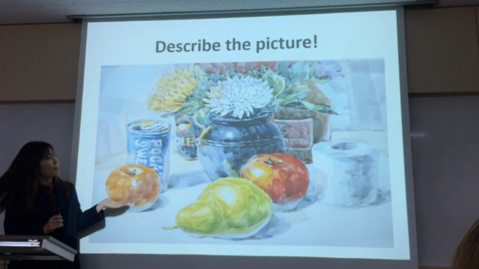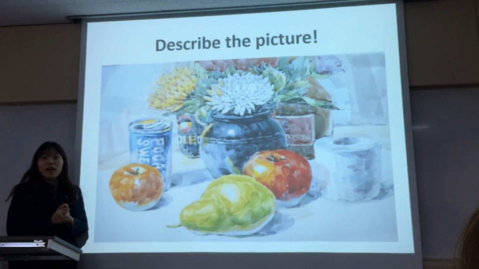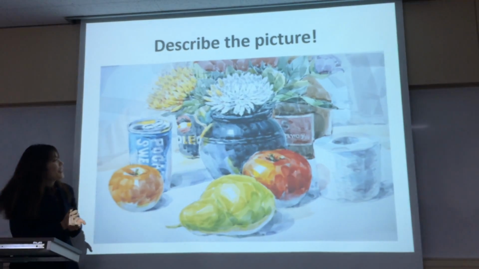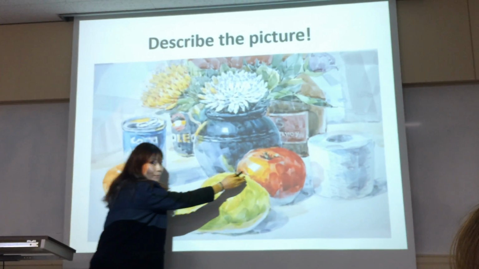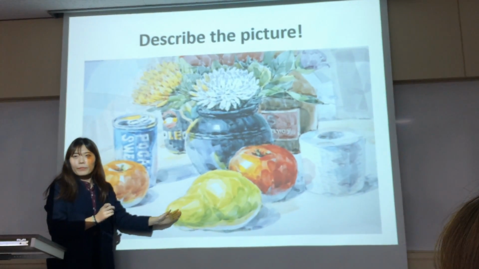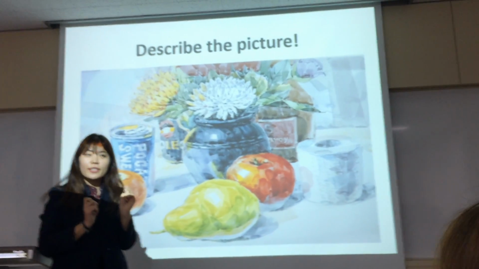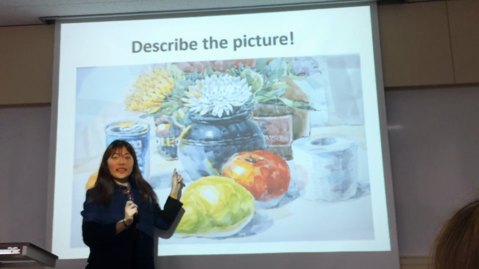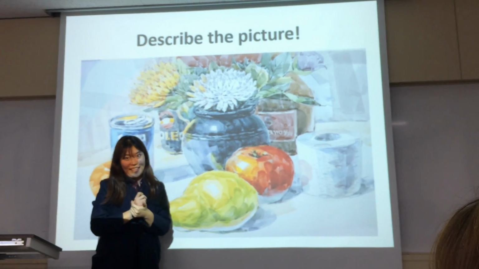What can we see in this painting? Any volunteers? Great job, Shinji. We can see flowers in the center and 2 apples and a pear. Good job. But it will be much better if you say the position of the objects in describing.